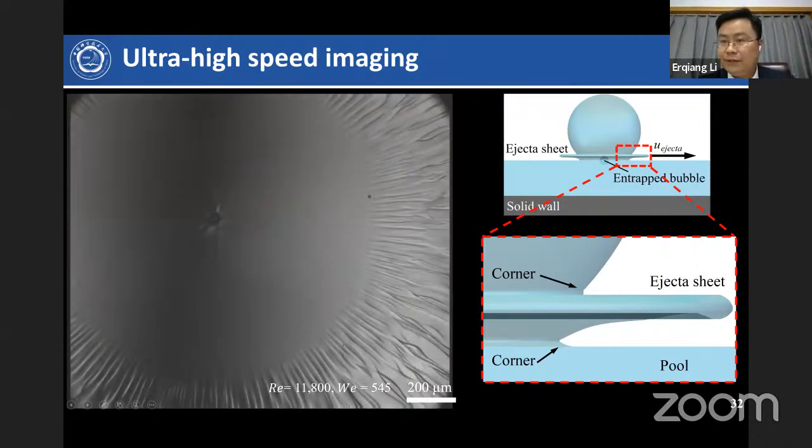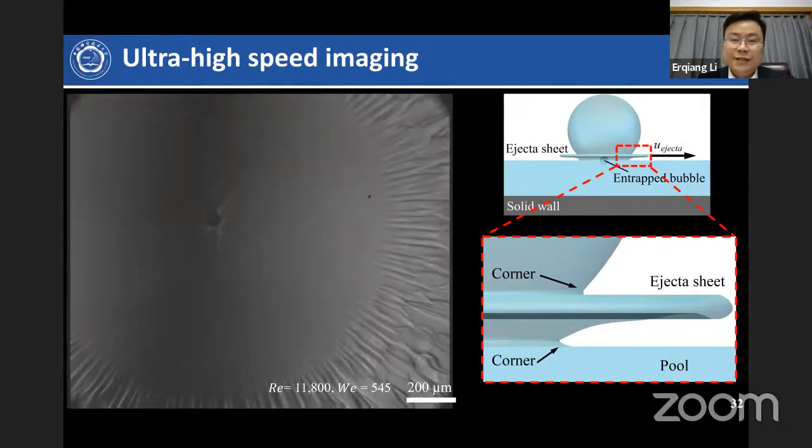Before, we couldn't see it because they are the same liquid. Even if you have this interface fluctuating, there's no difference between these two liquids. The light can just pass through directly. But now what we do is add some salt into the liquid pool, so the refractive index of the droplet and the liquid pool is different.